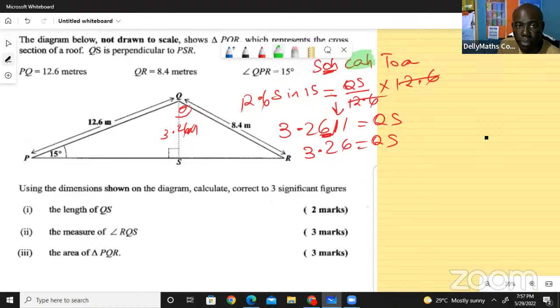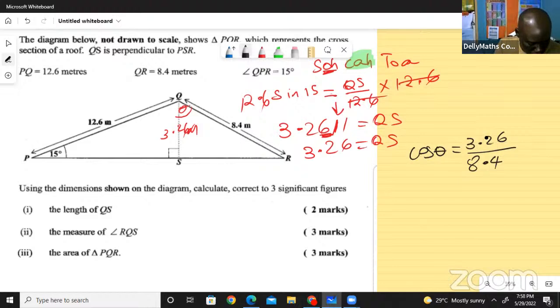So basically, we're saying the cos of the angle that I don't know yet is equal to 3.26, which is the adjacent side over the hypotenuse side, which is that. So we want to find out what this value is, yeah?